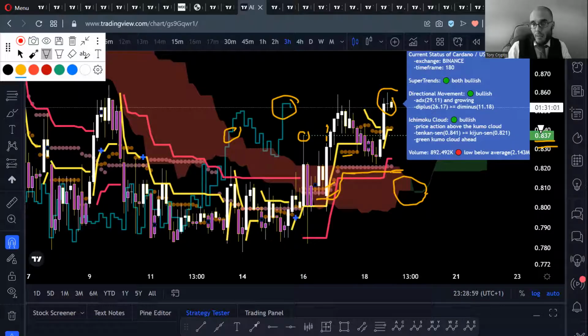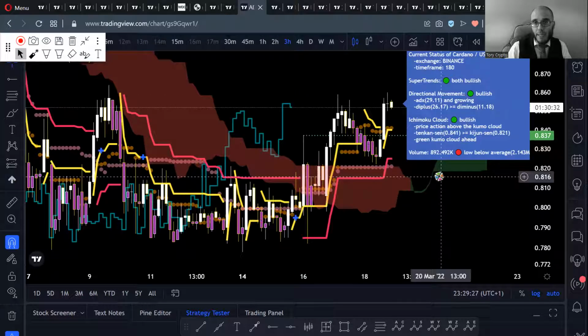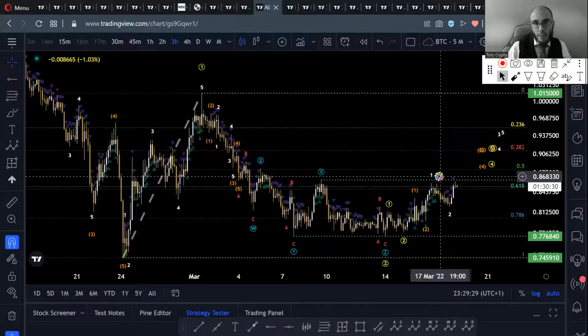You would be in a profitable position right now, but you still would have the risk of a loss, because if it moves down and the Kijun does not move up, you would lose a little money. Once the Kijun is above your entry point, you cannot lose any money anymore on the trade. So that's for Ichimoku. And now I will take a look at the Elliott wave count.